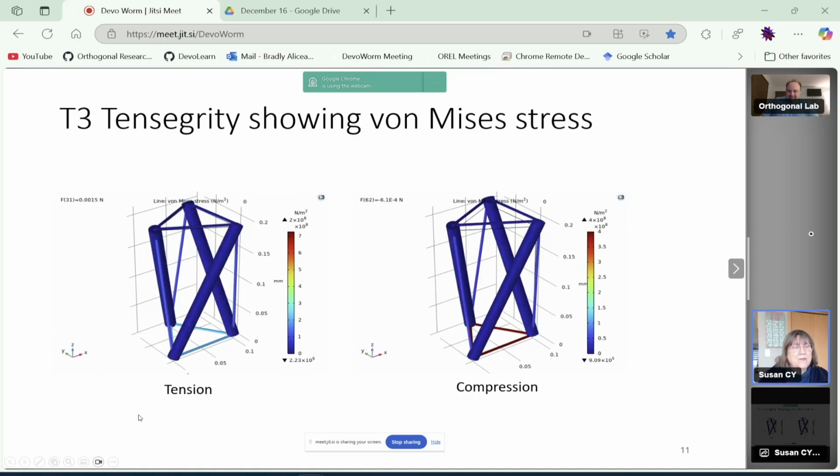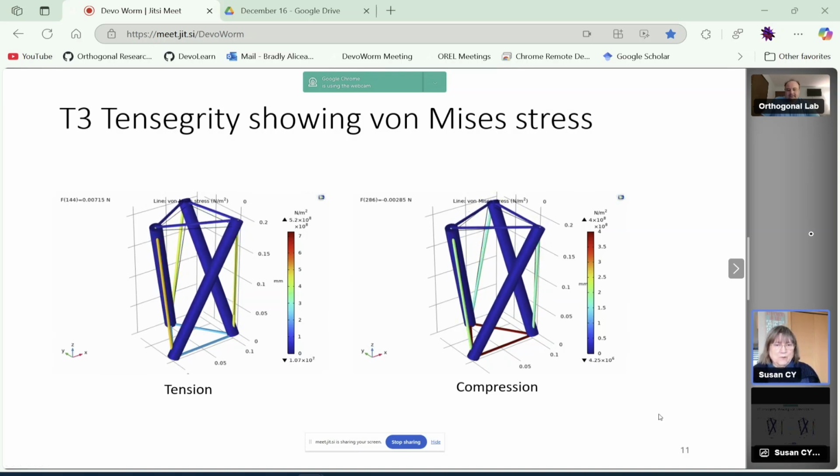This is a T3 tensegrity in tension, showing it being pulled in. And this is a T3 being compressed. These were used for the trijunctions with the posts. I'll show you the posts in a minute.